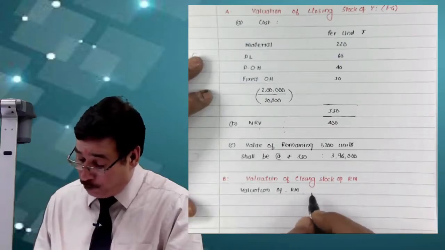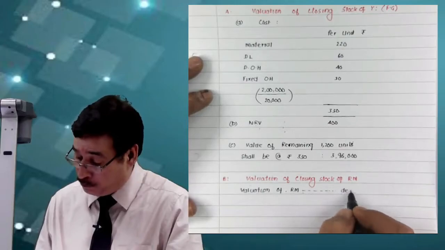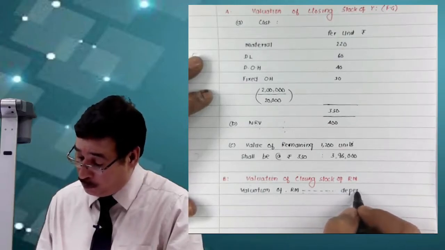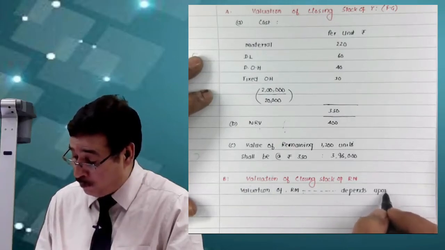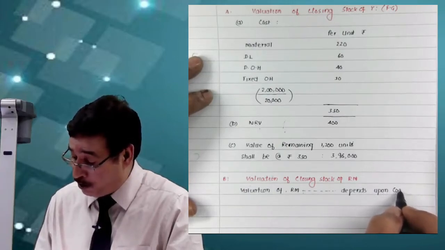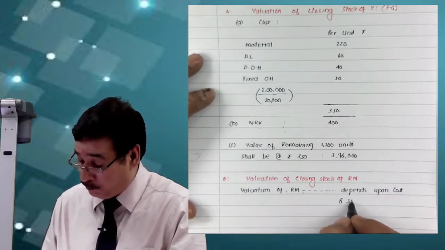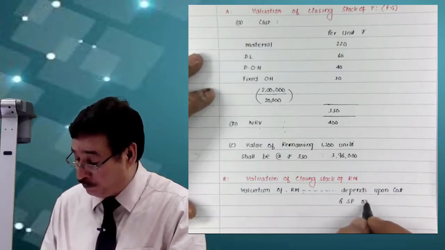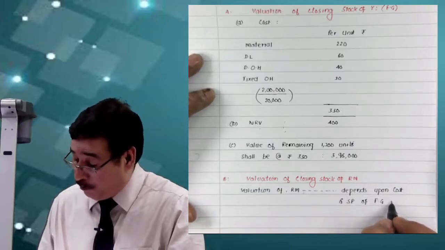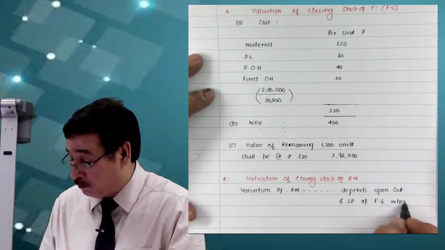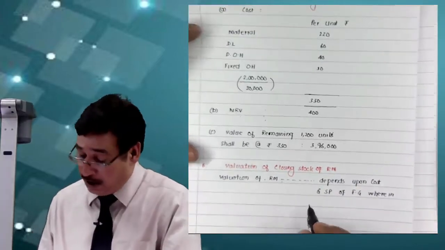So valuation of raw material depends upon cost and selling price of finished goods wherein raw materials are incorporated.